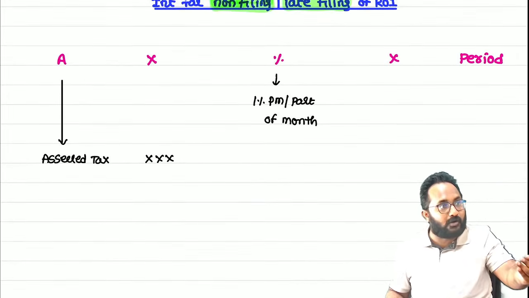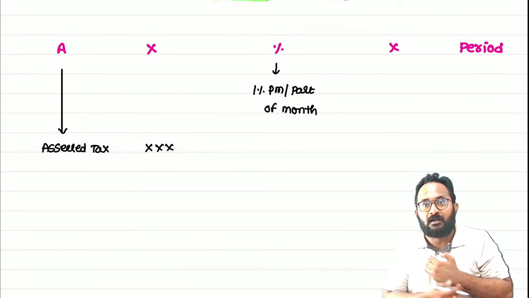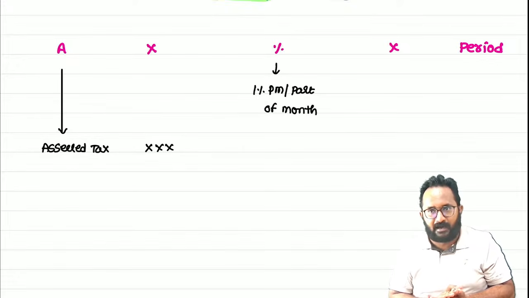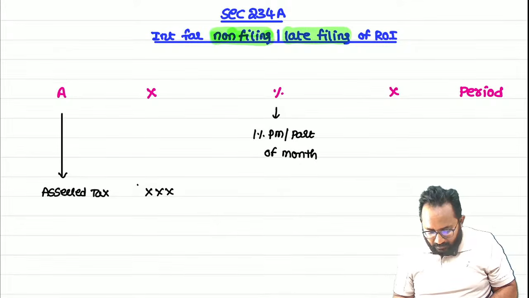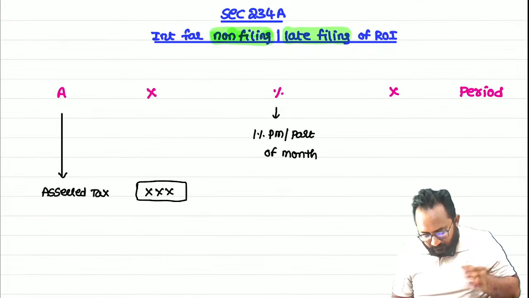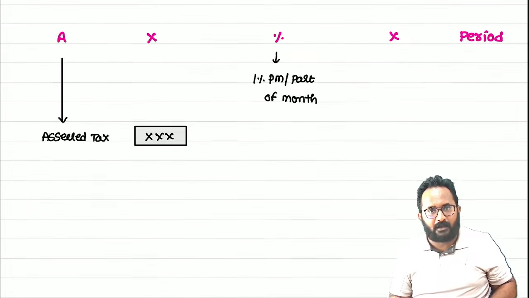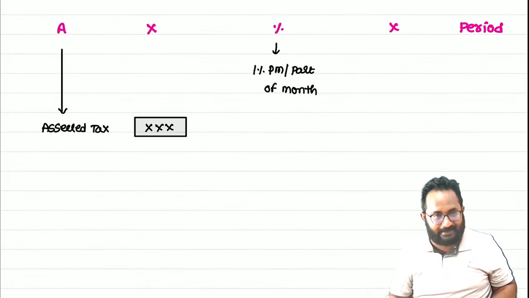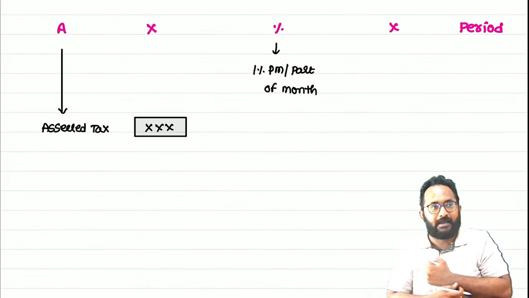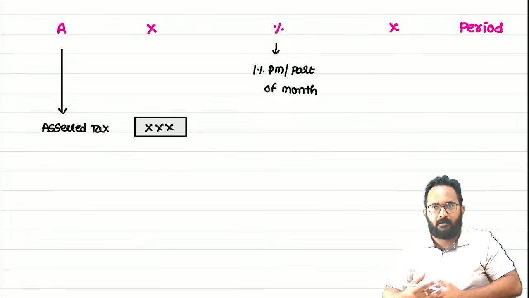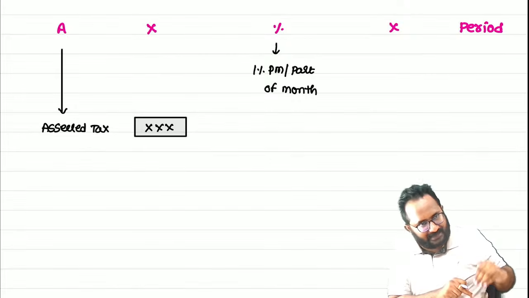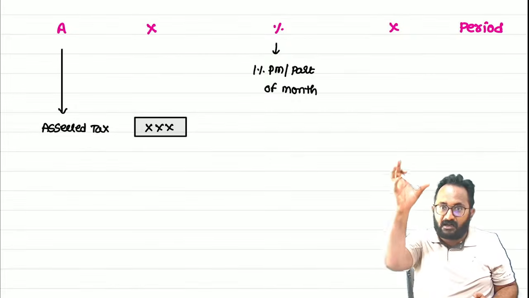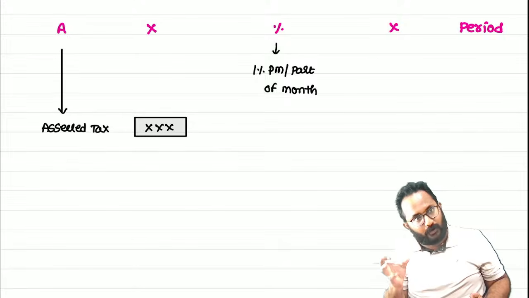Whenever AO calculated the interest, this is AO determined tax. Self-assessed income into tax rates is self-assessed tax. AO determined income into tax rates is AO determined tax.